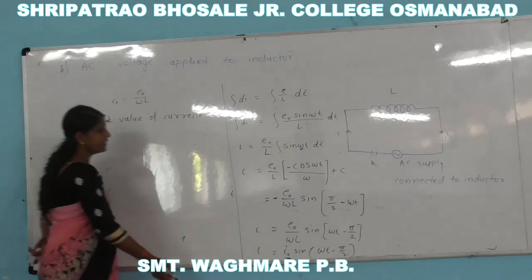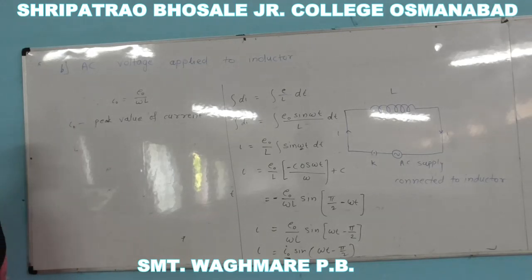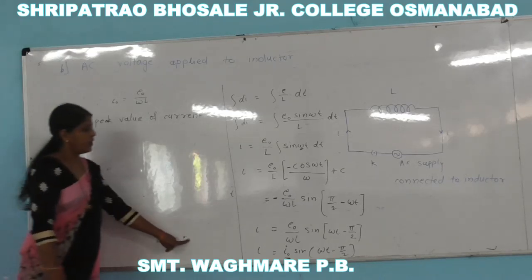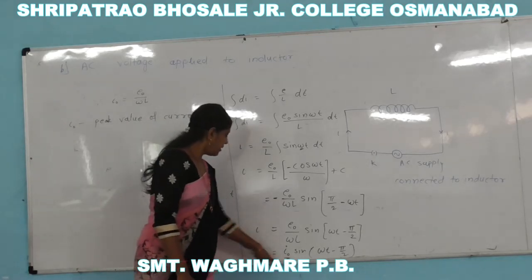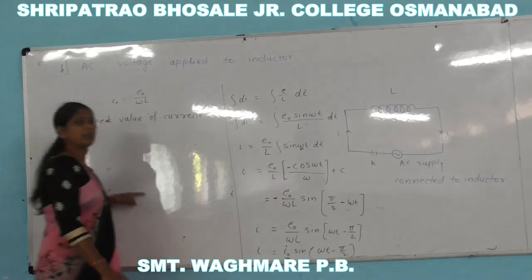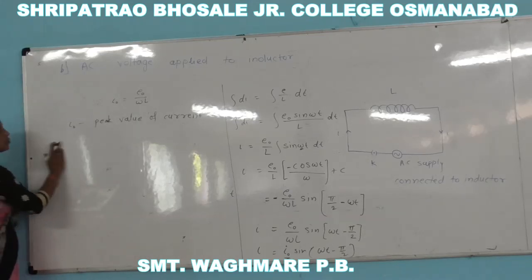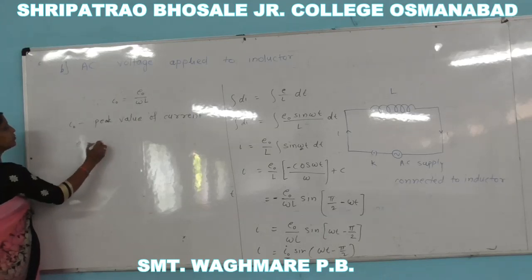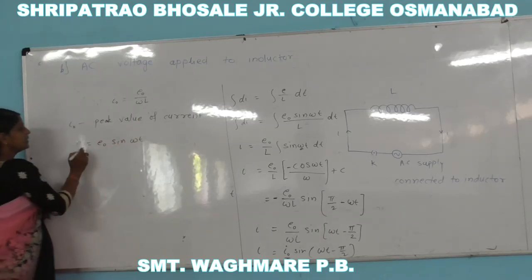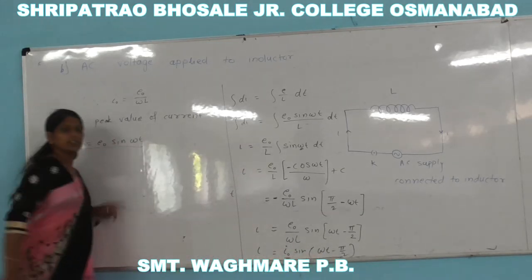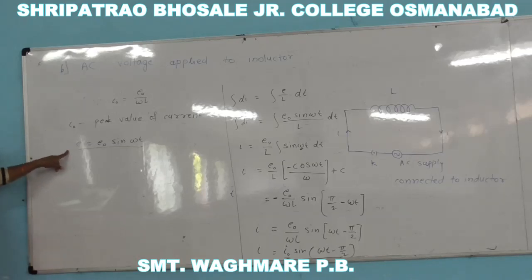When we compare the equation I is equal to I naught sin omega t minus pi by 2 with the equation E is equal to E naught sin omega t, we can say that the alternating current I lags behind the alternating voltage E.